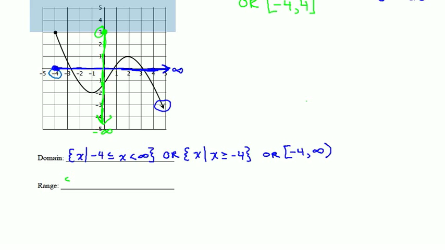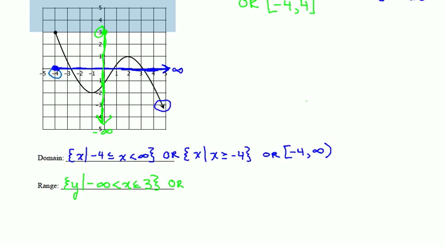When I write my range, this is the set of all y such that negative infinity, always start with the smaller number if we're doing these less than symbols, is less than or equal to y, which is less than or equal to positive 3.